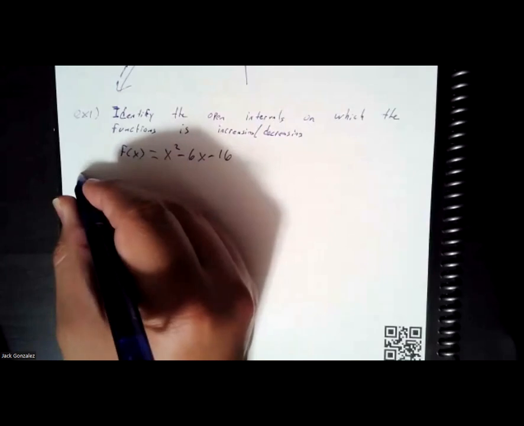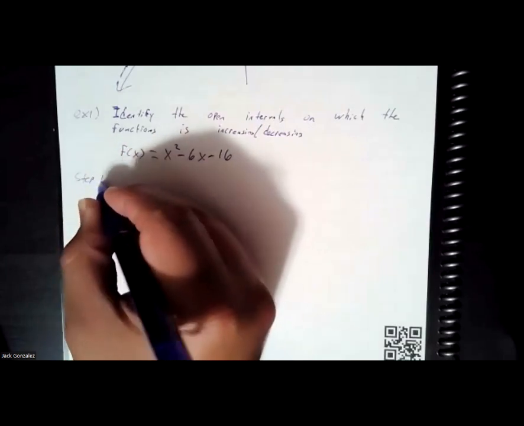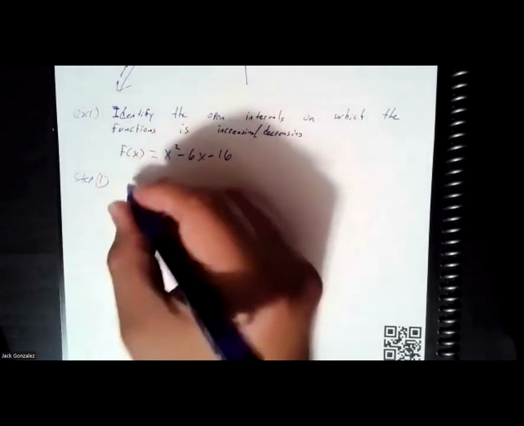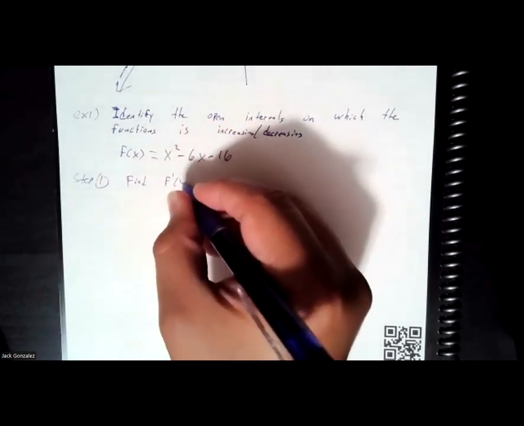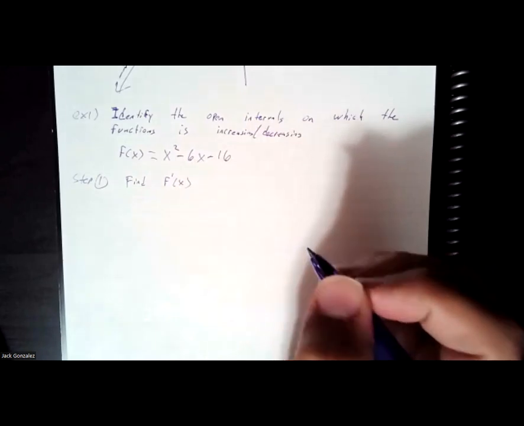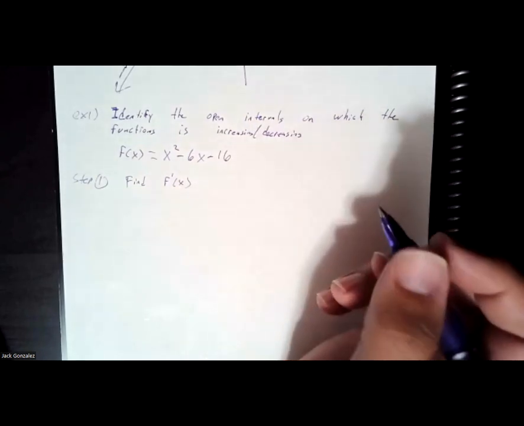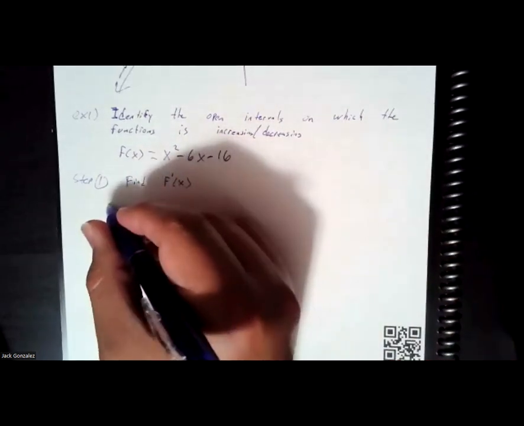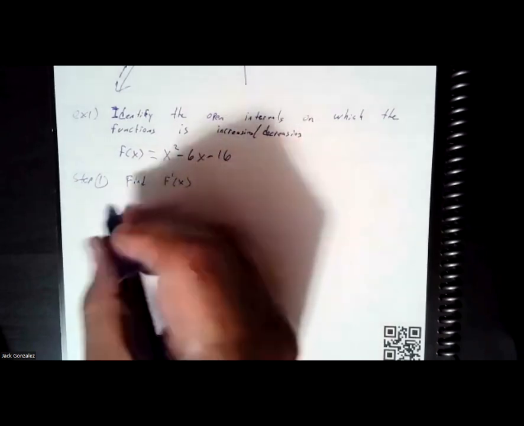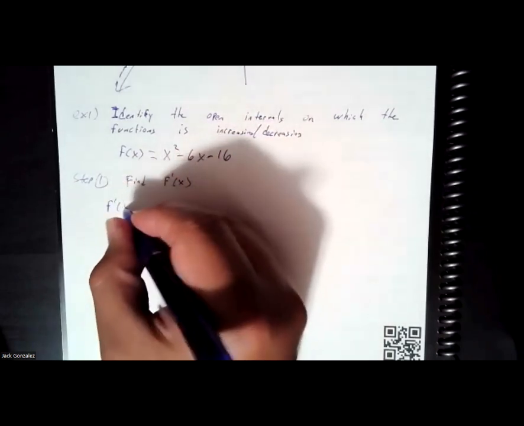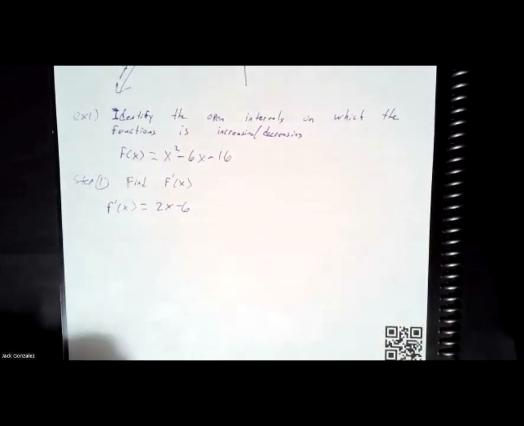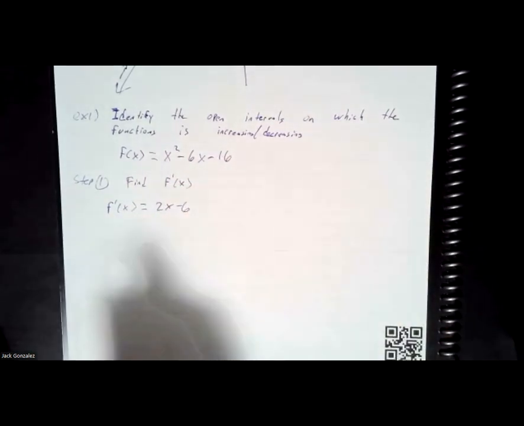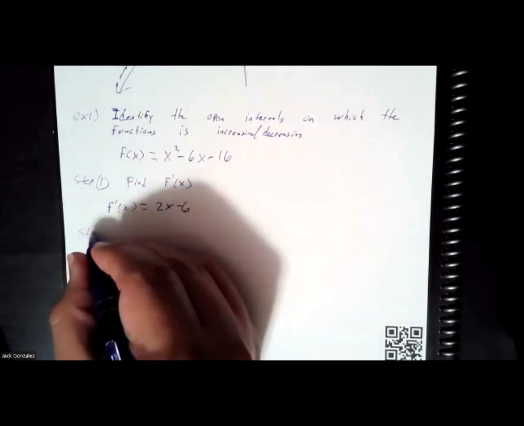So step one, find f prime of x. So first take the derivative, right? So f prime is going to be 2x minus 6, correct? Yes.